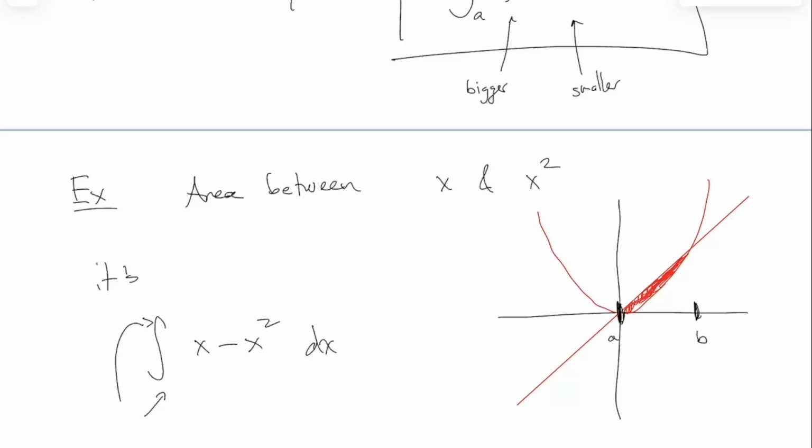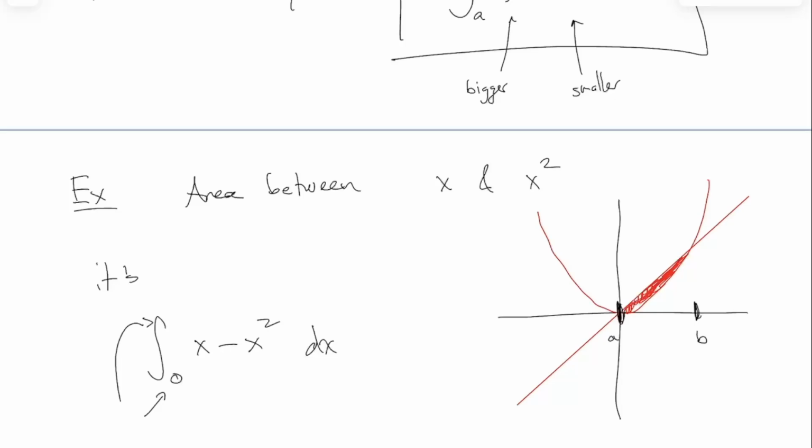Now, it's pretty clear on my picture, a is 0, because that's where the line meets the parabola. There's another point where the line meets the parabola. Can anybody say where that other one is? Maybe show me the fingers. It is x equals 1. Yes. Thank you for choosing that finger and not the bad one.